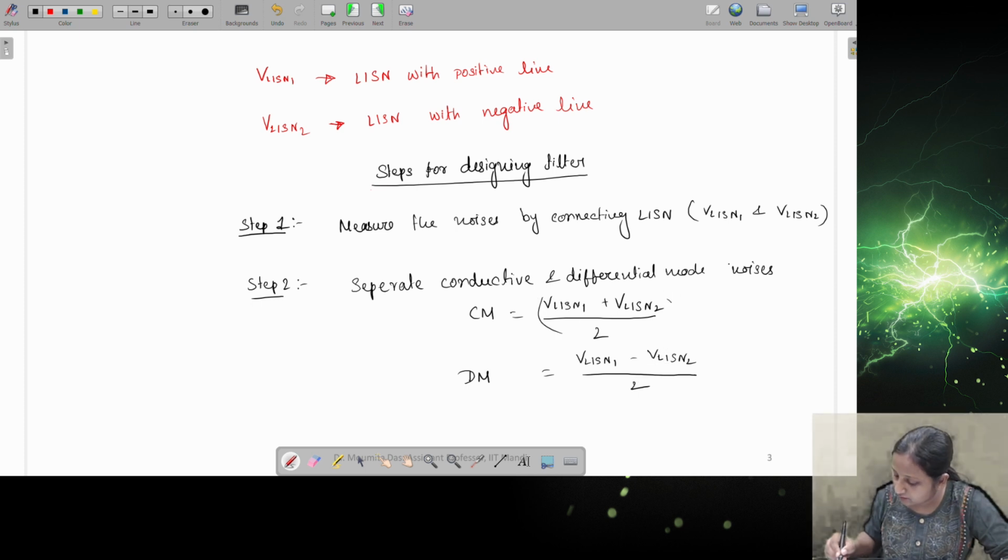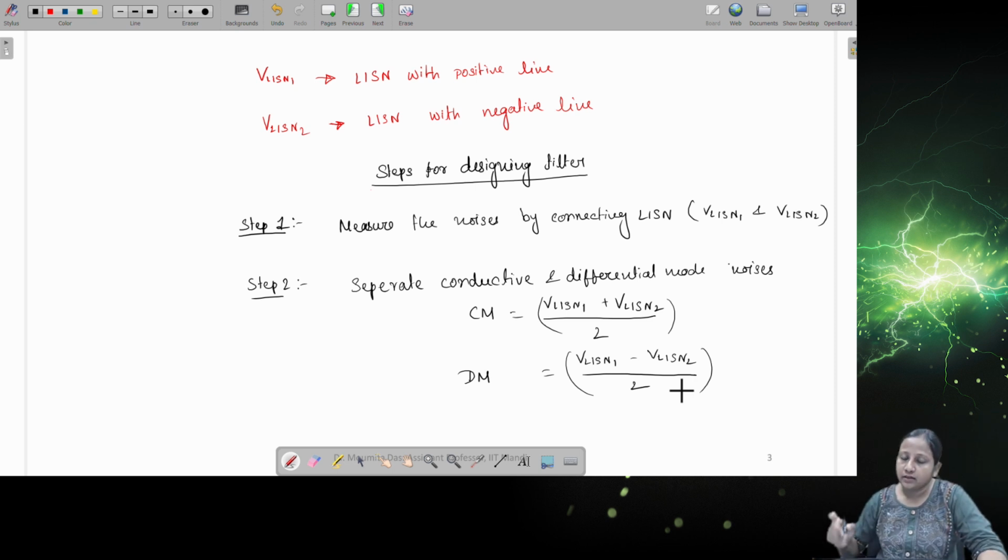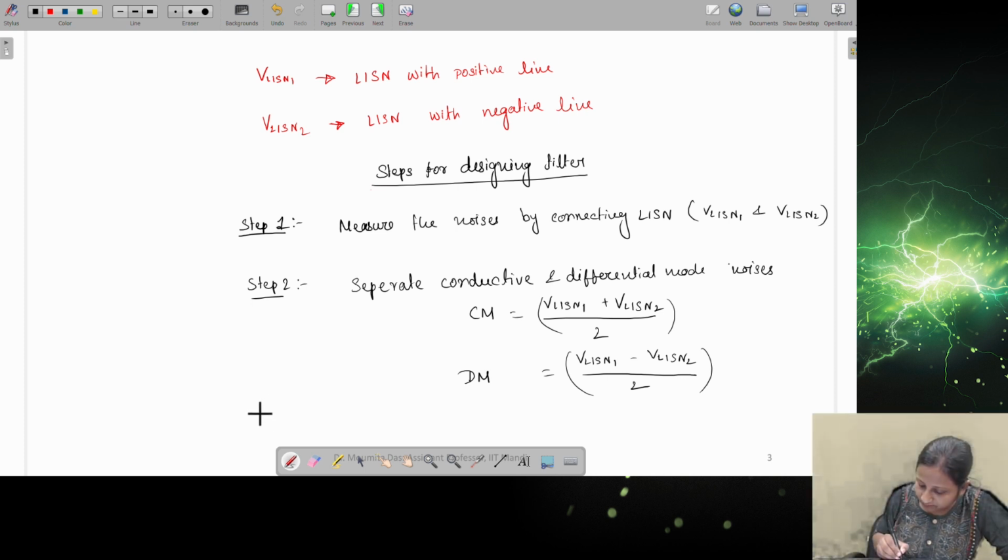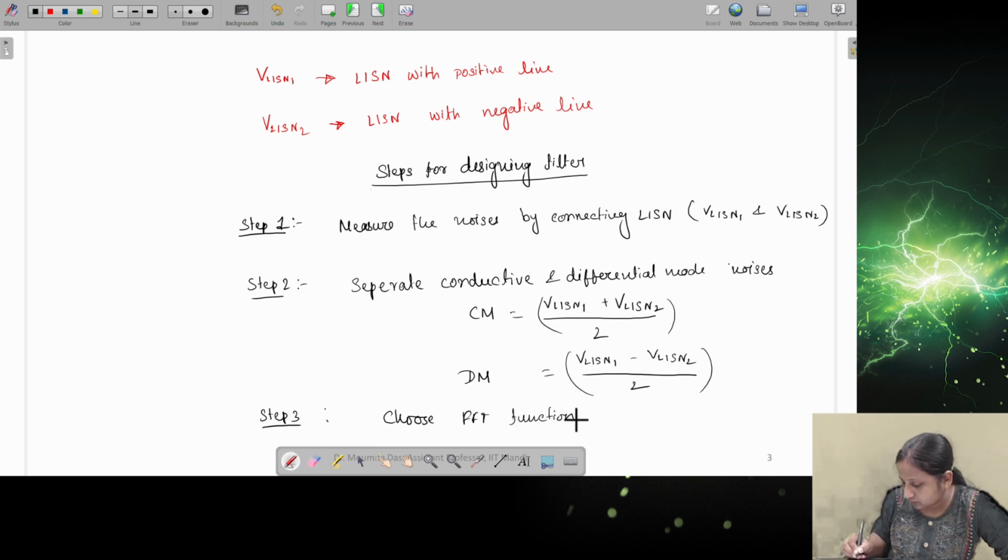So this we will use, and then by choosing the FFT function we can get the spectra. So step 3, choose the FFT function for CM and DM noises.